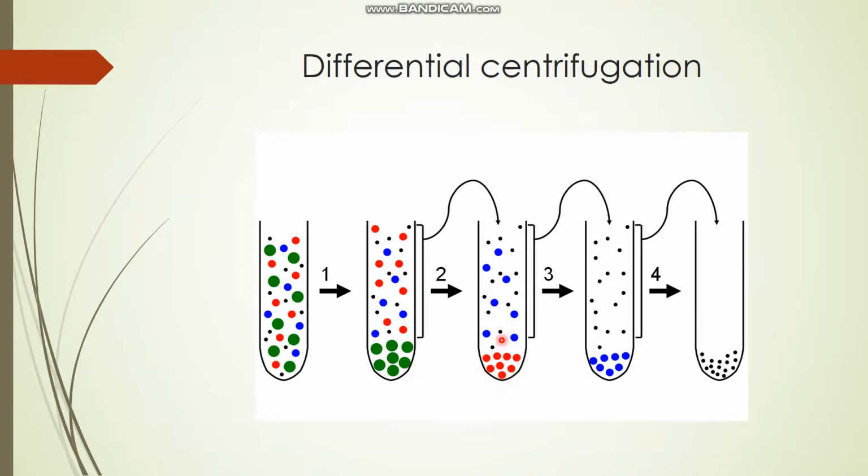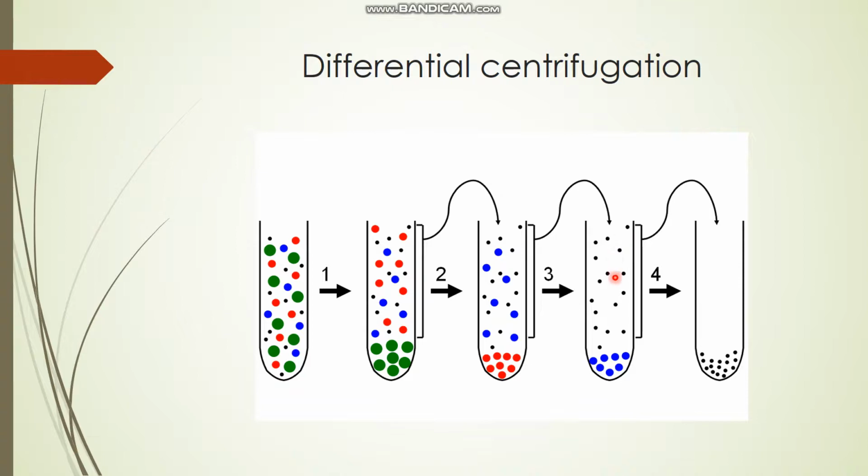Again, the part which is not sedimented is the supernatant. Then we put it into the next tube. We will increase the speed once again, and after each speed we keep drawing off the supernatant and centrifuging again.